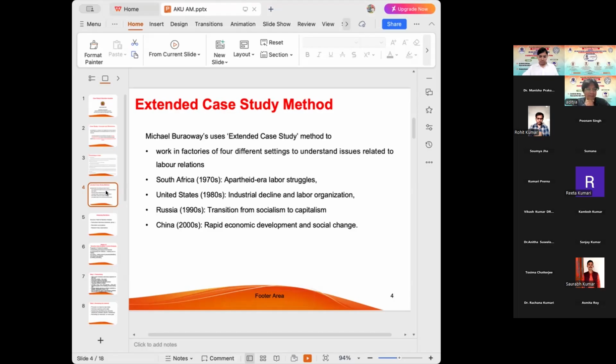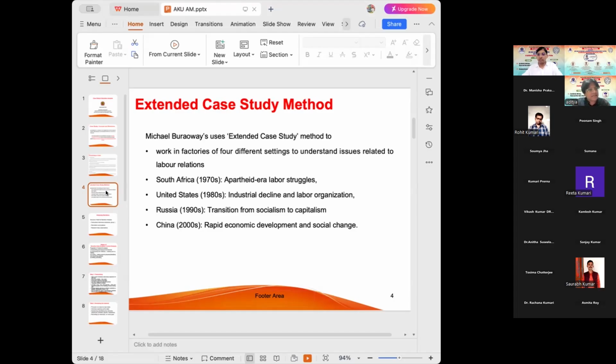Now, he was studying labor. Rather than studying a particular factory and telling us that that case is unique in itself, over a period of time in the 70s, 80s, 90s, and 2000s, he was of course a much more committed researcher than maybe some of us are or would eventually become. He starts finding connections between what happens to the labor or the worker in different contexts.